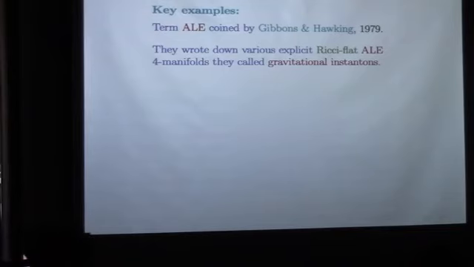They used the term gravitational instanton rather loosely at the time, but there's now a standard meaning of this, which is very precise.